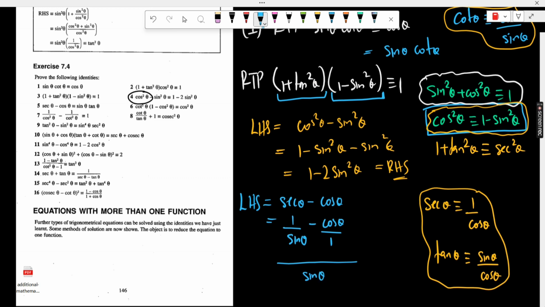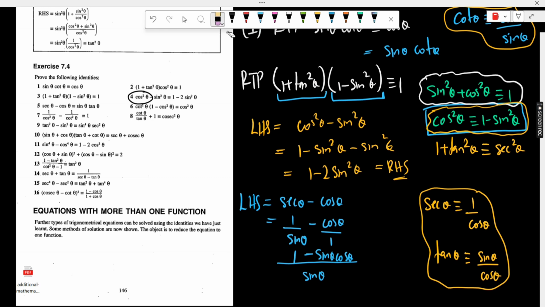Sine theta into itself goes once, 1 times 1 is 1. And then minus 1 into sine theta is sine theta, then we have sine theta times cos theta. I don't see how much simpler I could make that, so I will leave that as it is. Let me go over now to the right-hand side and see what that gives me.